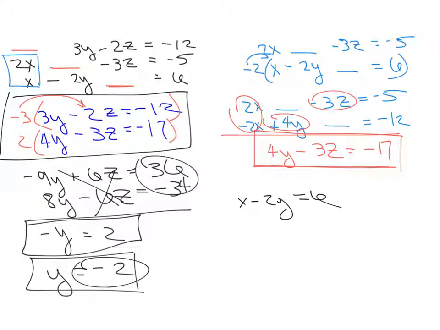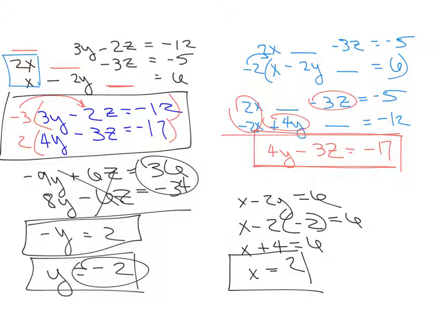And I'm going to put this negative 2 in its place. So x plus 4 equals 6, or x equals 2. Alright, so I just found 2 of my numbers. I found y is negative 2 and x is 2.